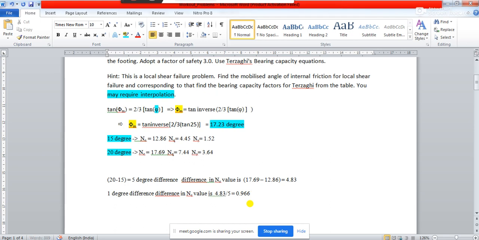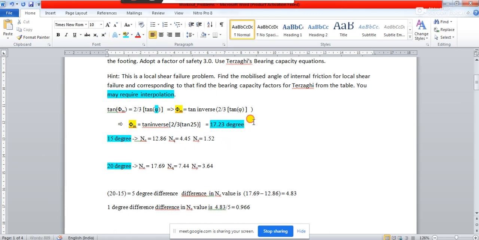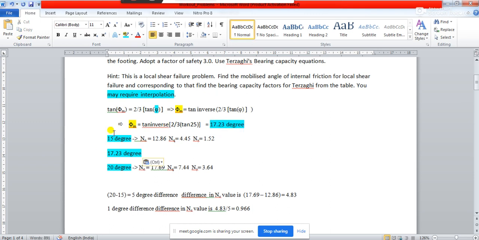Okay. Now you tell me what is the value you require to calculate? You require to calculate for 17.23 degree, right? So you know this 17.23 will remain in between this 15 and 20.